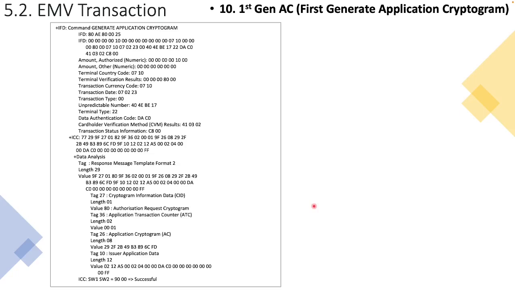Okay, so let's look at if we had a special tool and we were having a look at the conversation between the terminal and the card. This is what the first GEN AC step would look like, right? It starts off with a terminal sending a command, a generate application cryptogram request, okay, with a particular value indicating what it expects from the card.